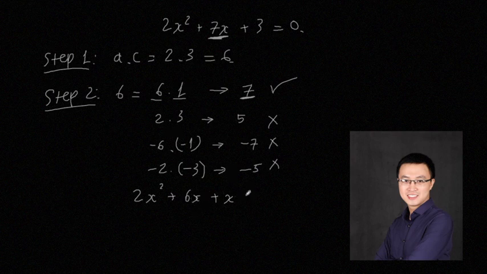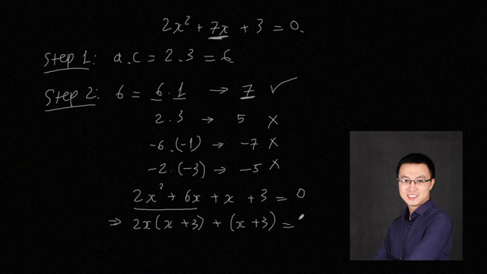It means 6 and 1, and 3 here. So in the first two terms, 2x is common, with x plus 3 inside the first bracket. In the second, you have x plus 3 and 1 is the common factor outside. The common bracket is x plus 3.